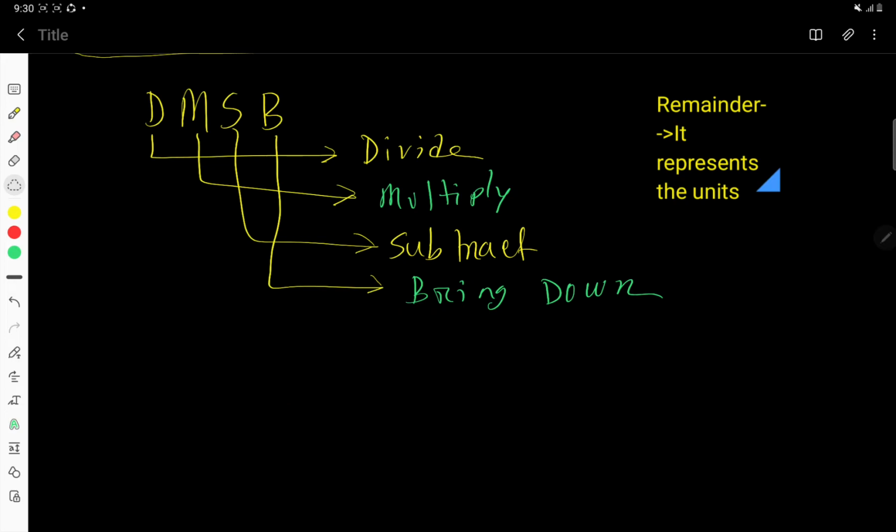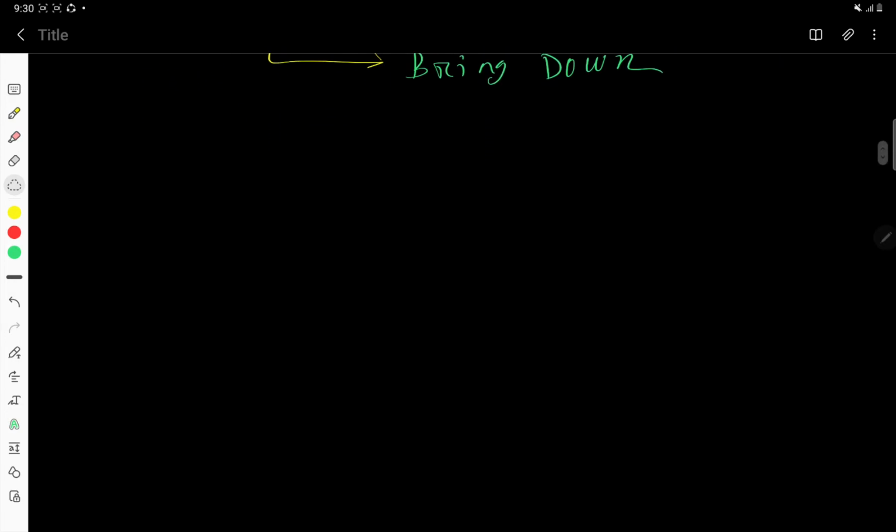Now let me give you some basic rules of division. Look, this is our division sign. You would like to divide 8 by 1. What will be the quotient? The quotient will be 8. That is, 8 divided by 1 means 8.